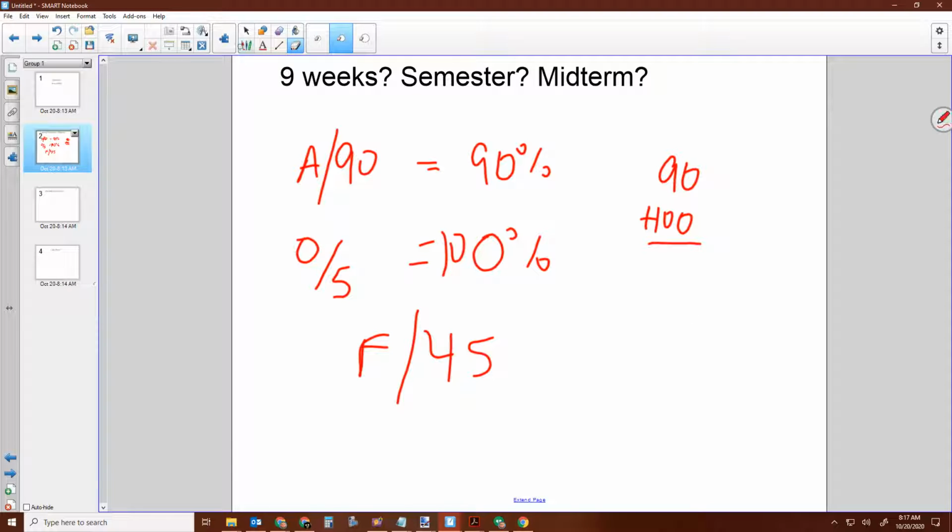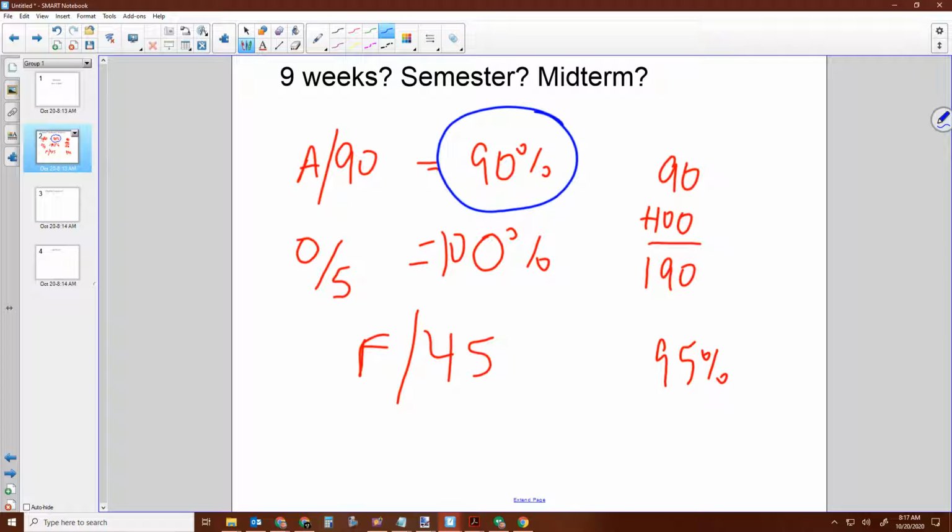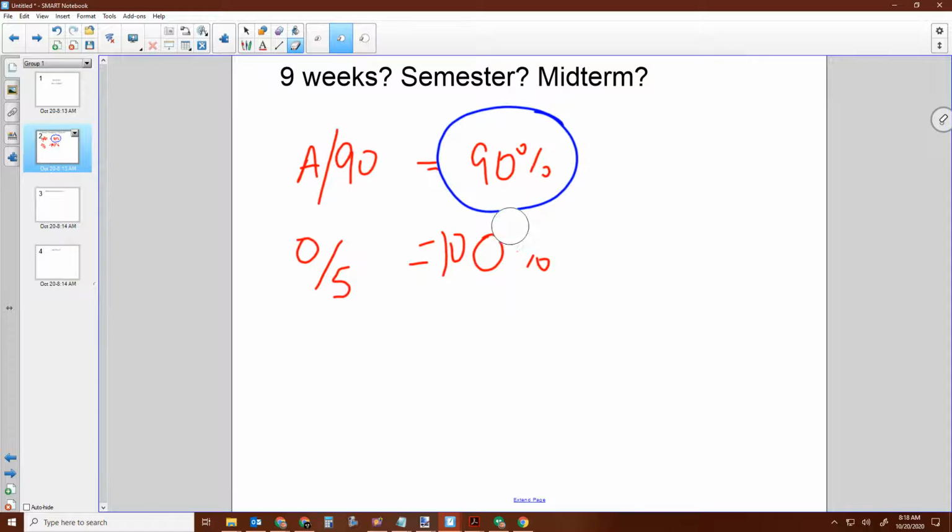You would have seen this be 190, and then your grade would have been a 95% for the semester. Notice my first 9 weeks grade has remained unchanged. However, I have a growing or decreasing second 9 weeks grade, which is causing me to now have a semester grade, which is again completely different from my first 9 weeks grade.